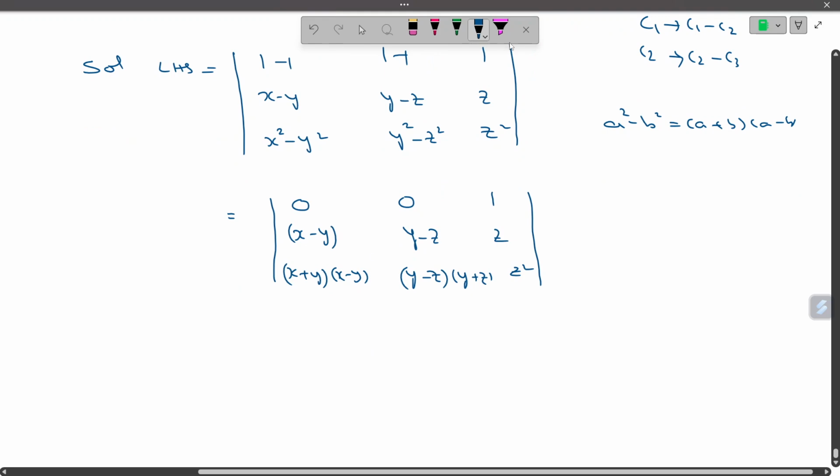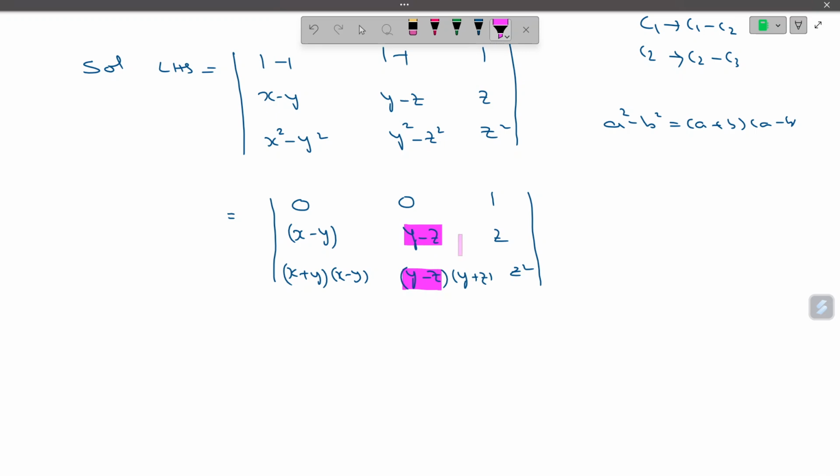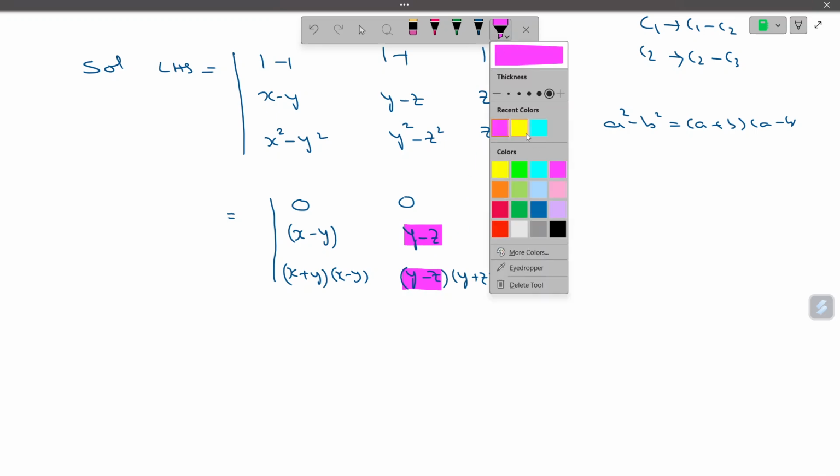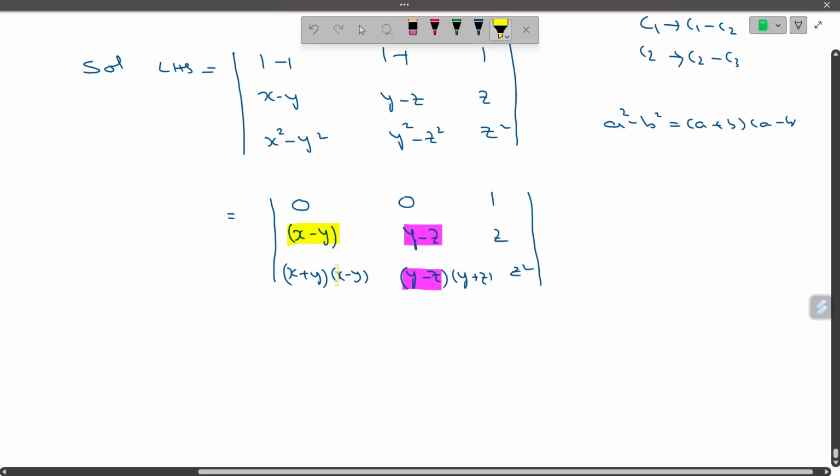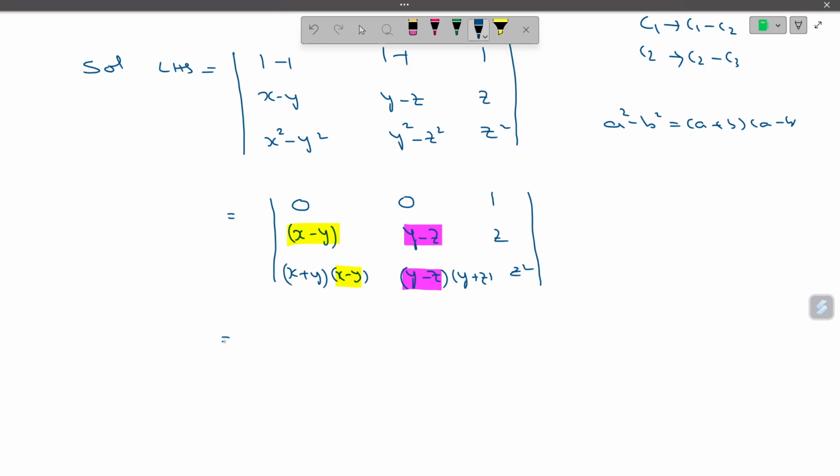Now what we are doing here, see here, y minus z, y minus z. And here x minus y, x minus y. So from the column 1, we are taking x minus y. From the column 2, I am taking y minus z. So what is left? 0, 0, 0, 1.